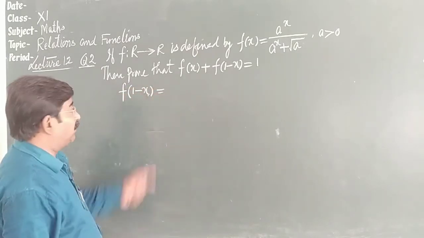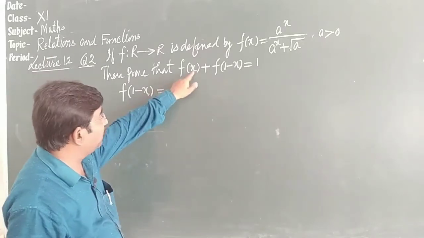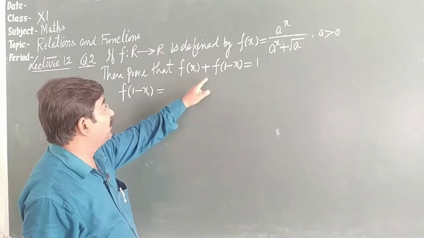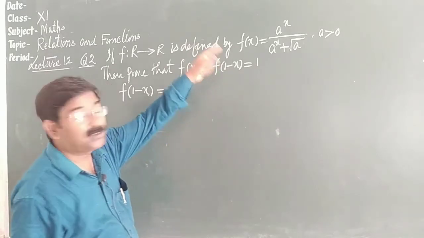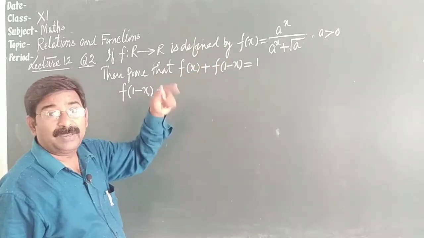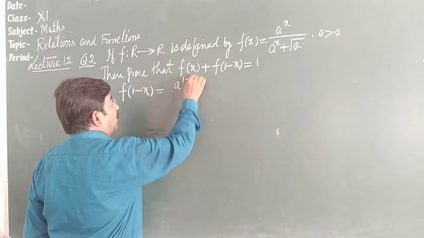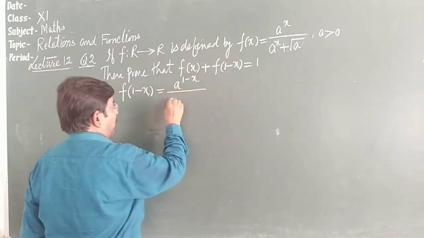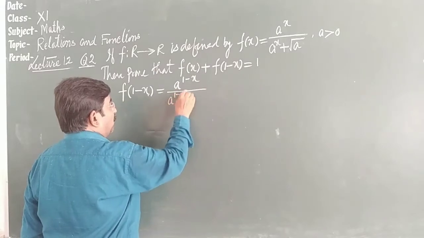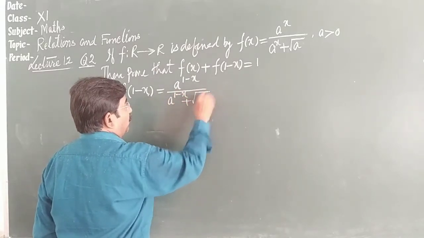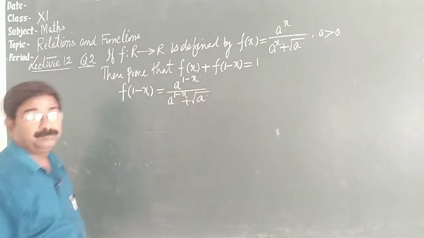Wherever we have x, when we put 1 minus x in place of x, this will be a to the power (1 minus x) upon (a to the power (1 minus x) plus under root a), here only a.